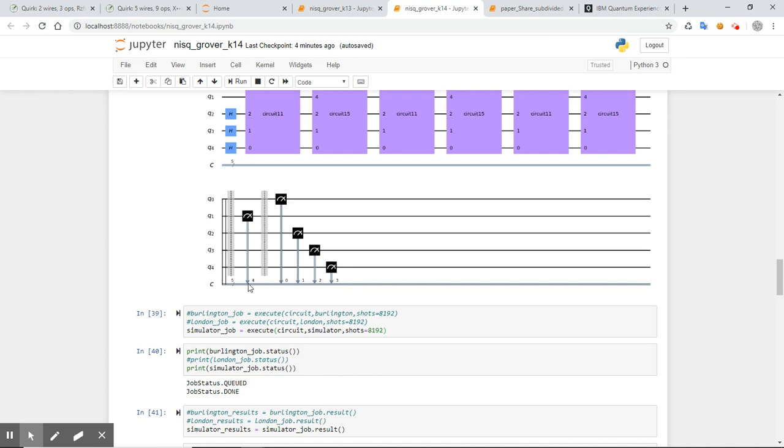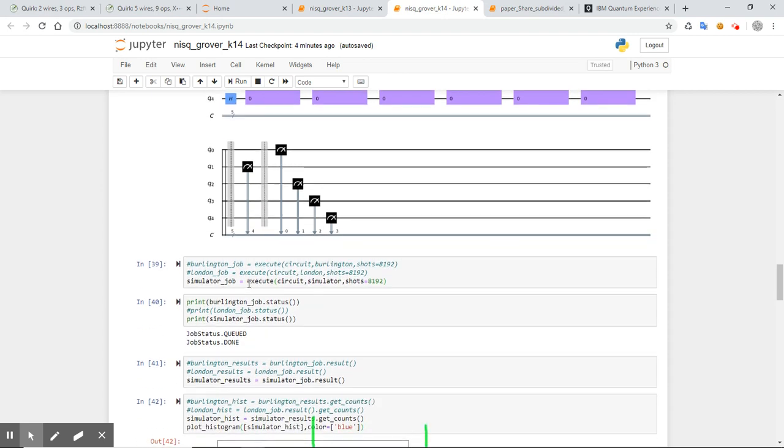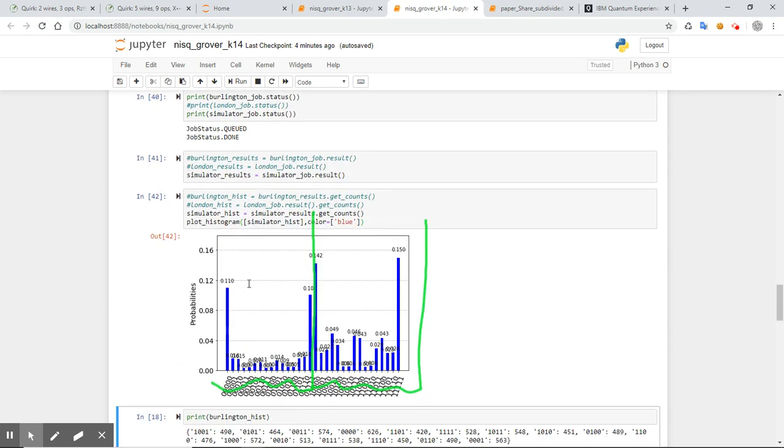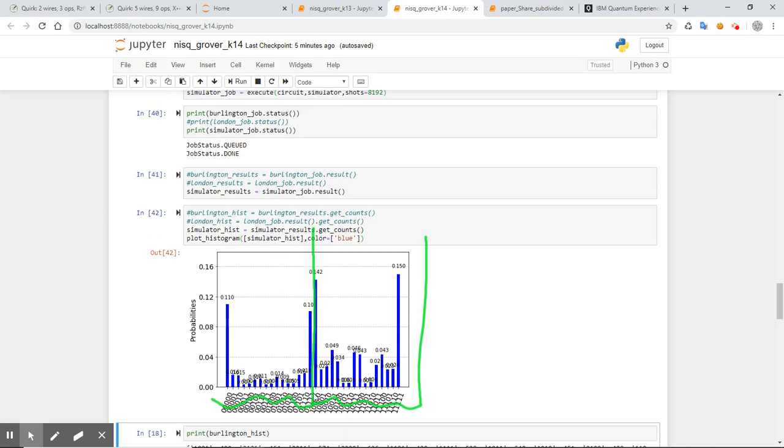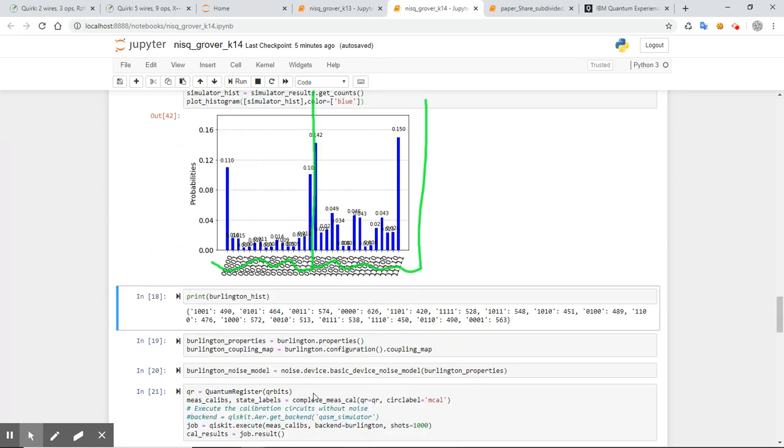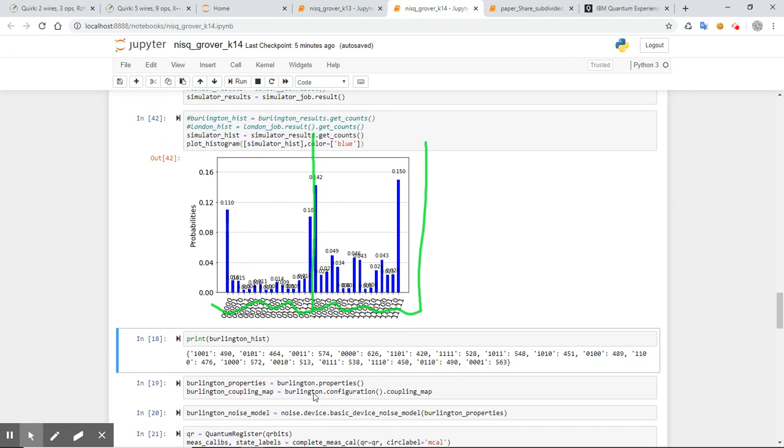And qubit 4 is what? Is it this qubit? Yeah. Is this classical bit 4? I think so. Like if this is measured 0, you've still got that.